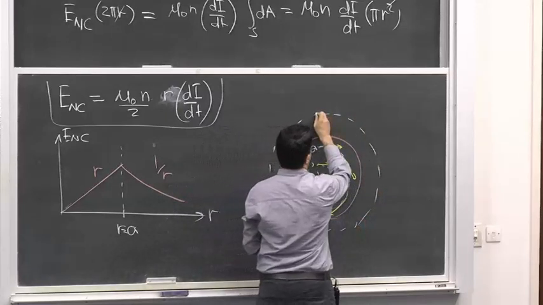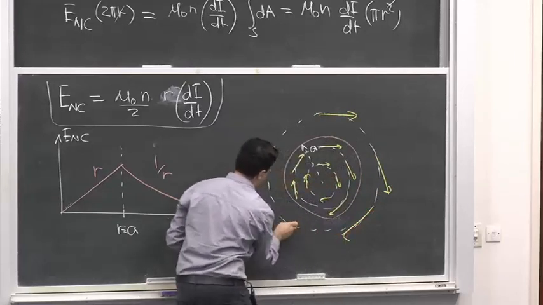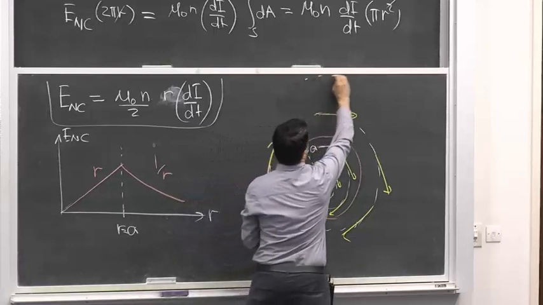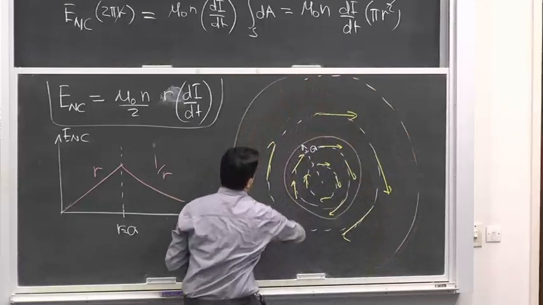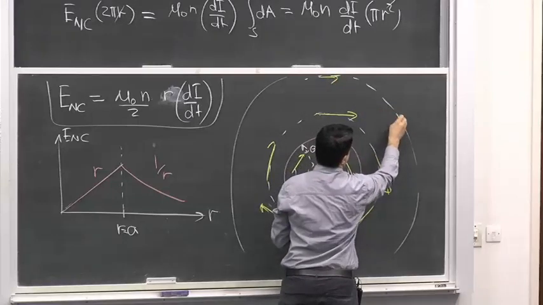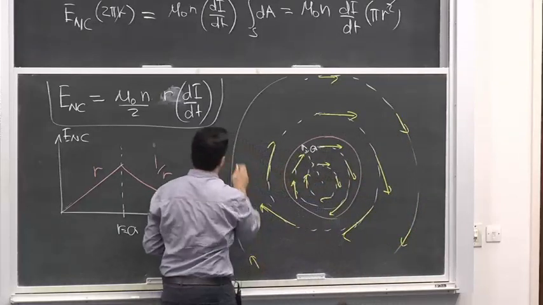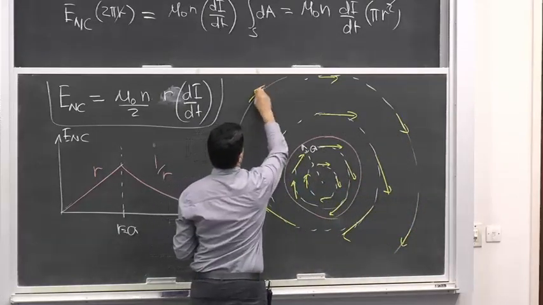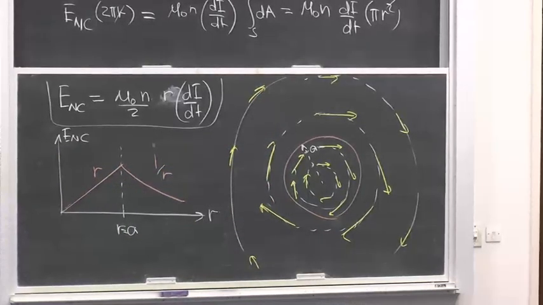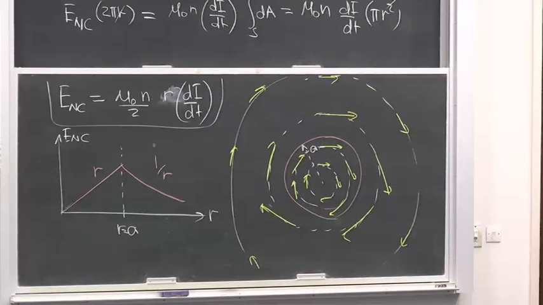You would have a large non-Coulombic field. And if you move away, this non-Coulombic field decreases in magnitude. So that's the whole picture of how the magnitude of this non-Coulombic field varies inside the solenoid and outside the solenoid.